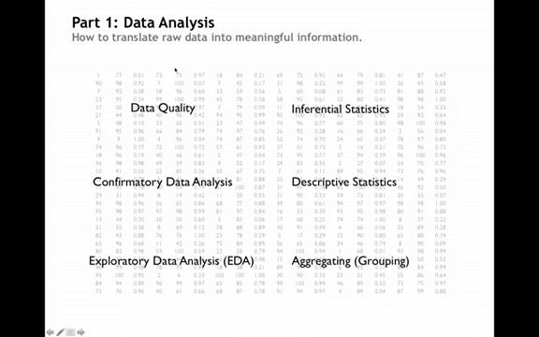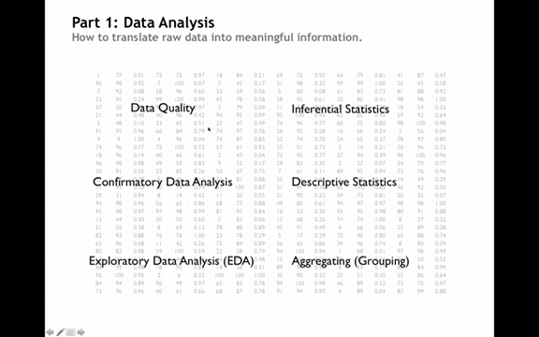So part one of this series of presentations is about data analysis. How can we translate raw data into meaningful information? And here are just some various topics throughout the presentation. We're going to talk mostly today about exploratory data analysis and the pitfalls and usefulness of aggregating or grouping the data.